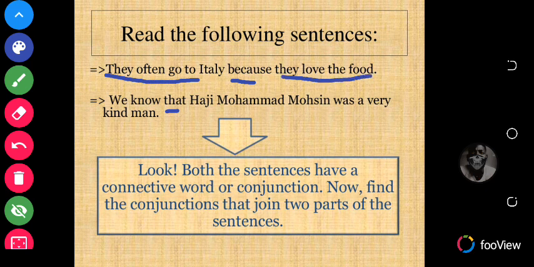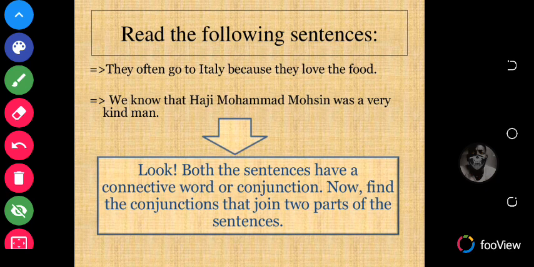So the conjunction because combines sentence 1, which is they often go to Italy, and sentence 2, which is they love the food, to make a full sentence. And I read, they often go to Italy because they love the food.